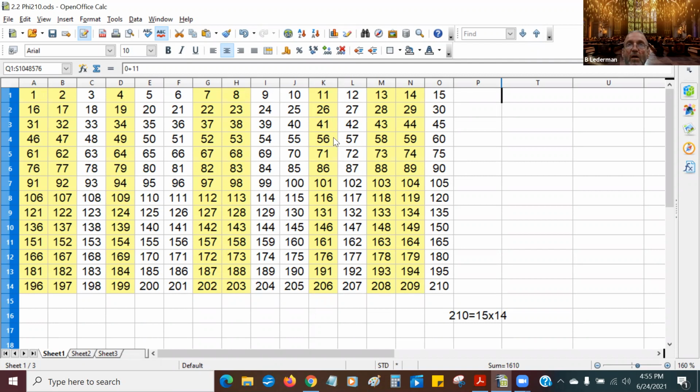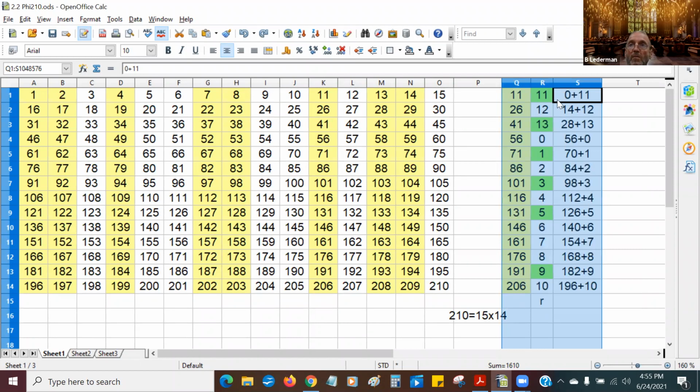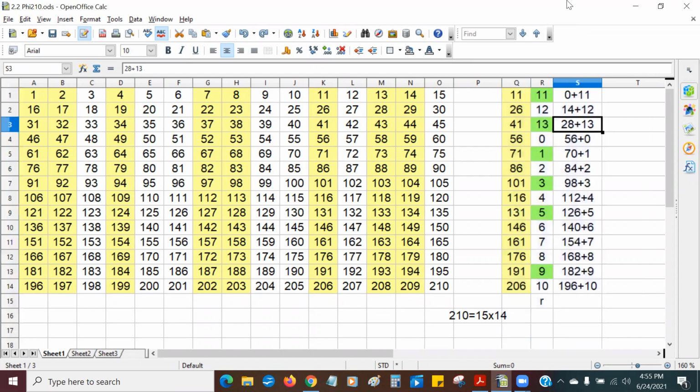So let's take one column at random. I took column K and I put it over here. So here are the numbers 11, 26.